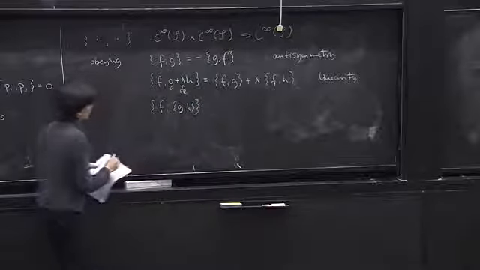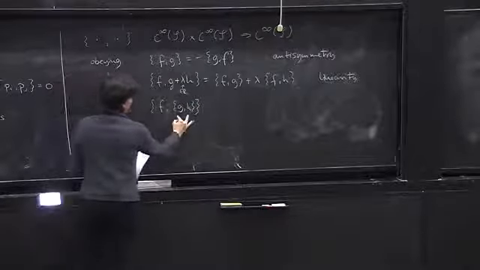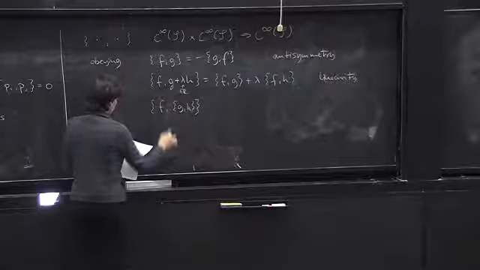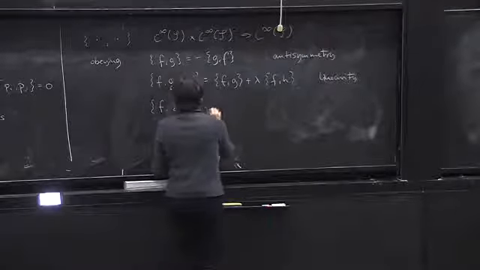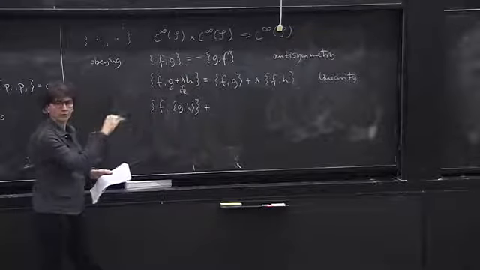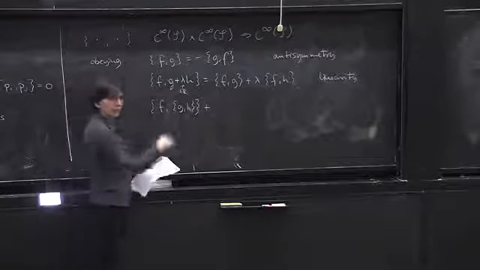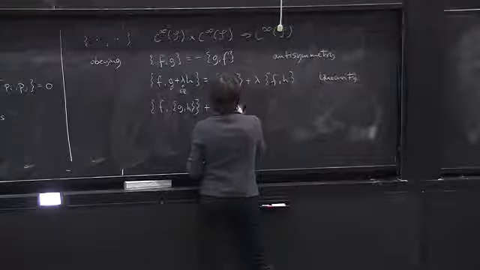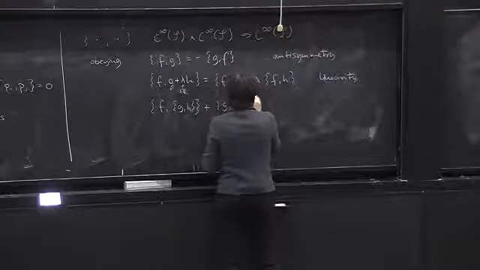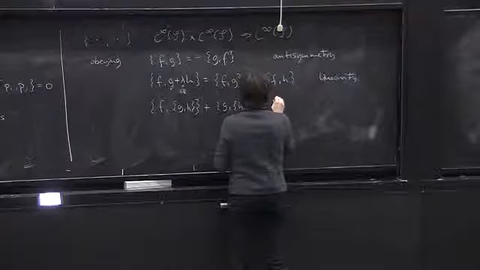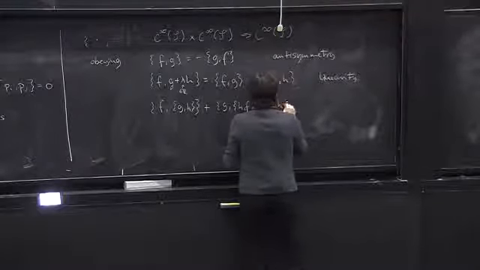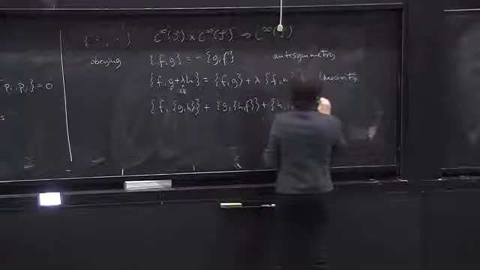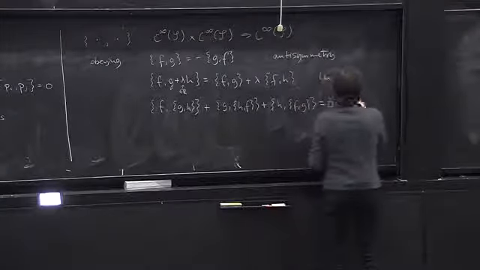That means if I have nested brackets like this, so I have a G with an H, and I look at its Poisson bracket with F, if I then cyclically permute these three arguments, they add up to 0. {{G,H},F} plus {{H,F},G} plus {{F,G},H} equals 0. This is the Jacobi identity.